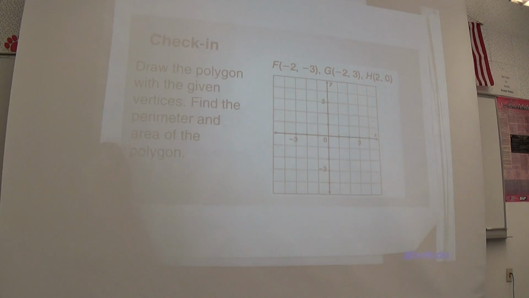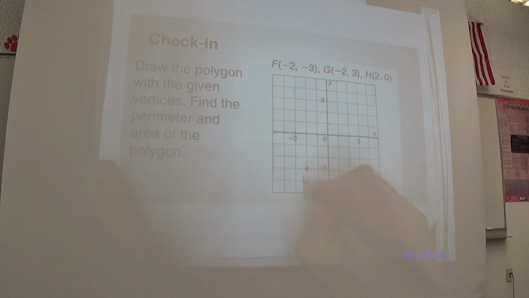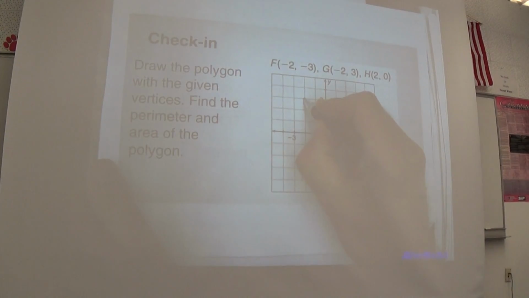So we have the first point, -2, -3. So F would be here. G would be -2, 3, so it would be this one.